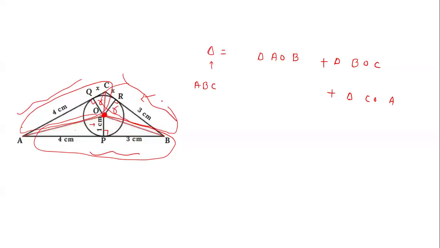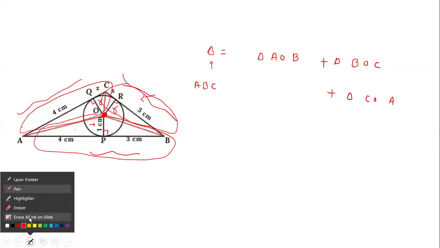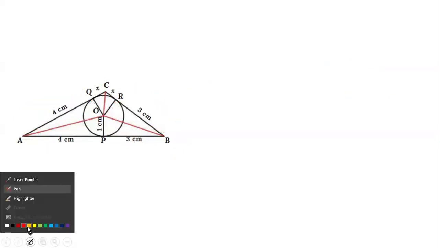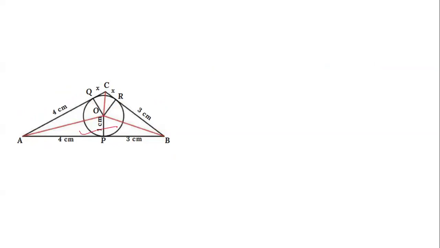So we are combining three triangle areas. So we can write the area of triangle ABC as the area of triangle AOB plus BOC plus COA.